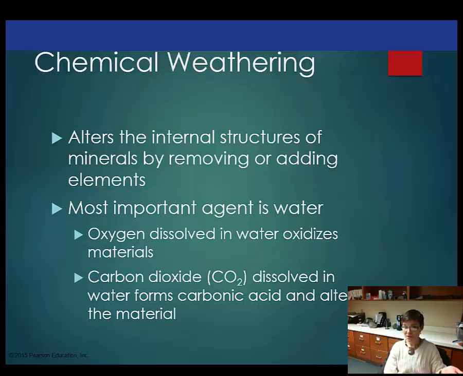And this is something you see all the time. If you've ever seen red on a building or on a car, that's rust, and that rust is a form of oxidation. Also, if you've ever seen really old pennies, they used to be made out of copper. And copper, when that oxidizes, it turns green.